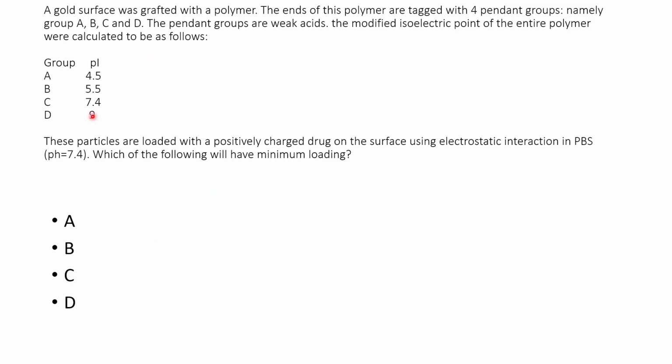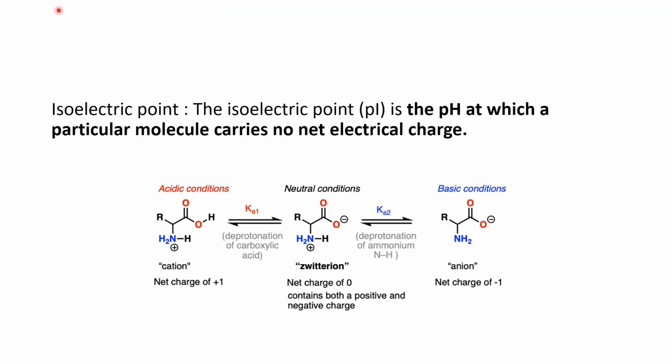So D will be positively charged, and we are also using a positively charged drug. So the electrostatic interaction is basically repelling in this case. So D will repel the drug and it will have the least amount of loading compared to all four groups.